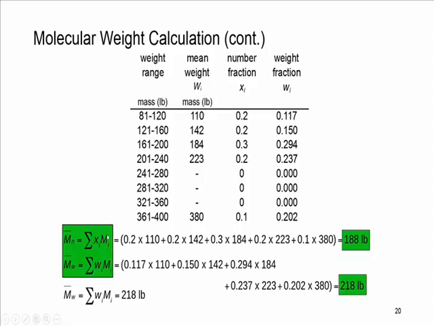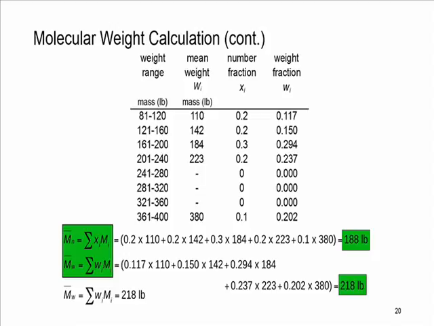average from this formula. xi can be found from this column times its corresponding mean value or mean weight, plus the second one, so on and so forth, which gives us 188 pounds. And weight average is equal to weight fraction from this column times the mean weight, which results in 218 pounds.